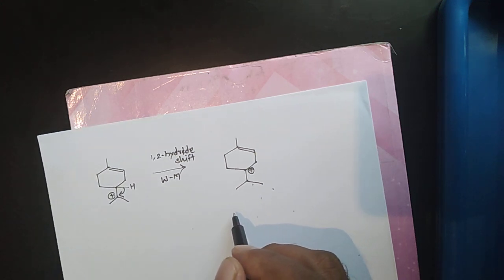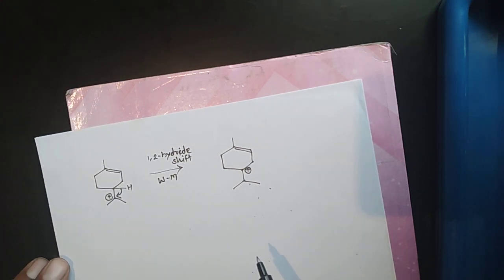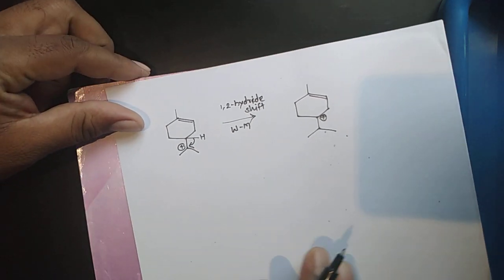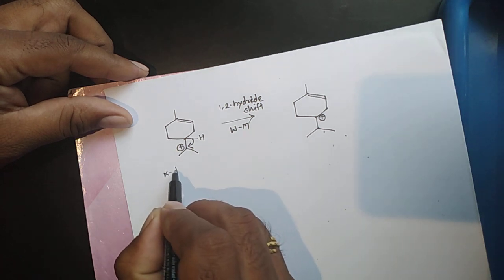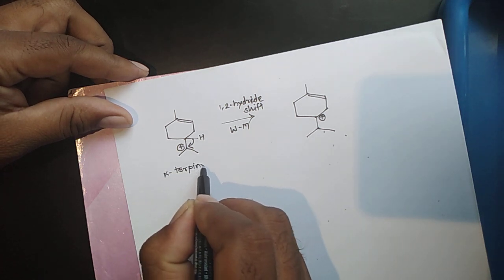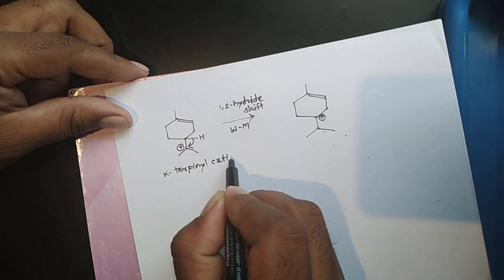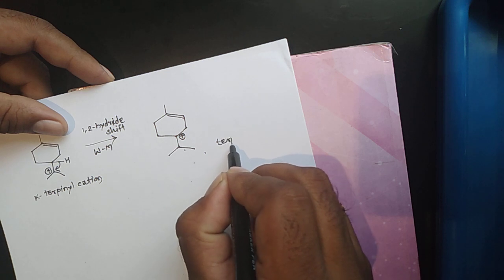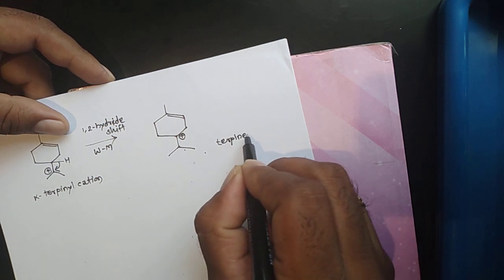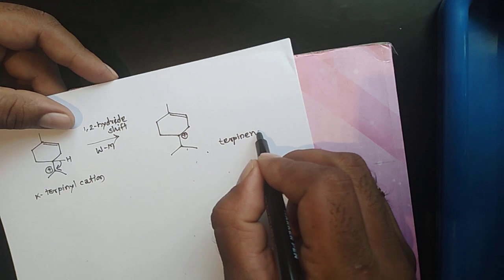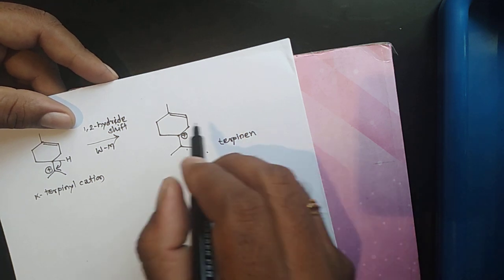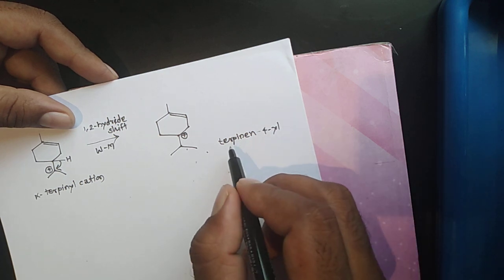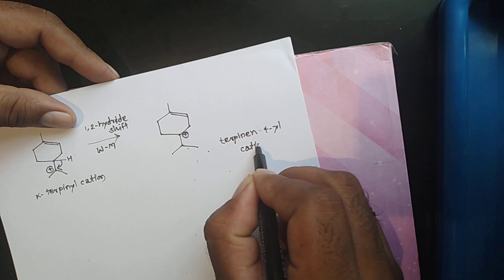So this is the alpha terpinyl cation. What is the name for this one? Terpinen-4-yl cation.